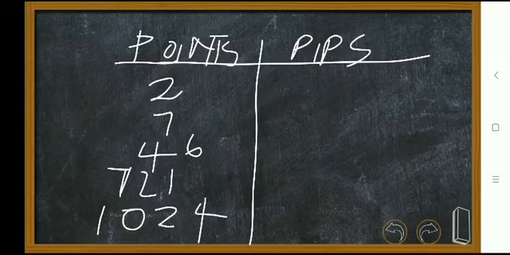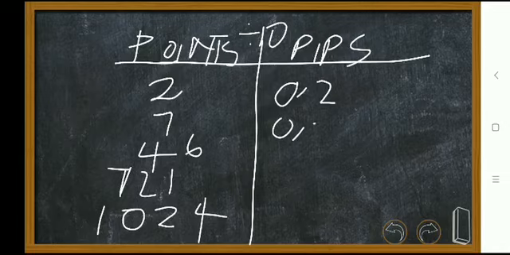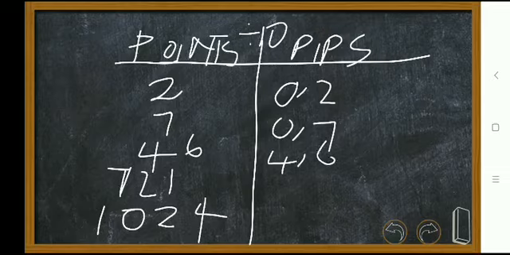So for pips, remember, from points to pips, we divide by 10. So 2 points divided by 10 will give you 0.2 pips. 7 is 0.7. Then 46 is 4.6.